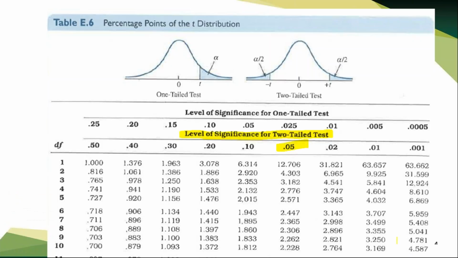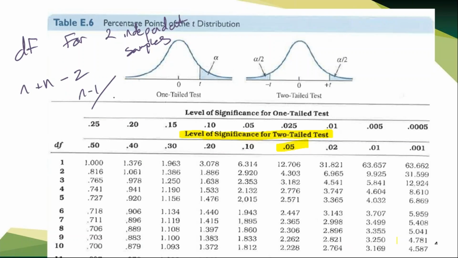Now, this is where things are going to differ a little. DF for two independent samples is going to change it up a little bit. It's going to be n plus n minus 2. Another way you can think of it is n minus 1 per sample.